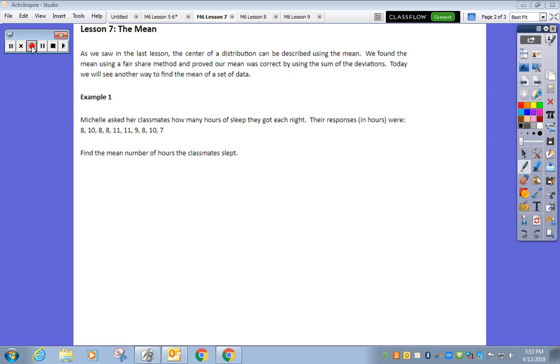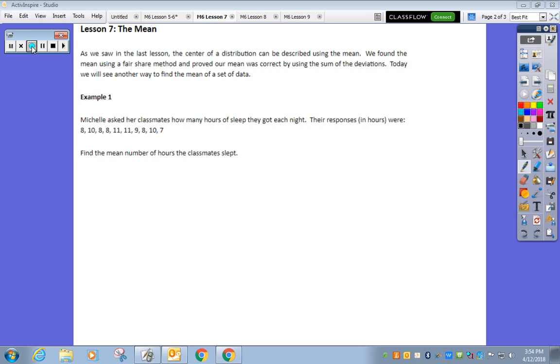So another way to find the mean of a set of data, and you would want to use this when you have larger numbers, so I wouldn't want to draw 8 blocks. I could do the number line with the dot plot for this one, but sometimes we're going to get numbers that are much larger and it would be much more difficult to do this, especially with larger sets of data.